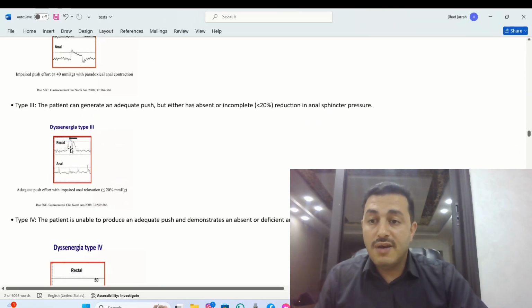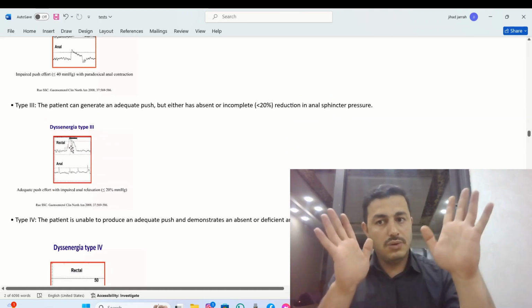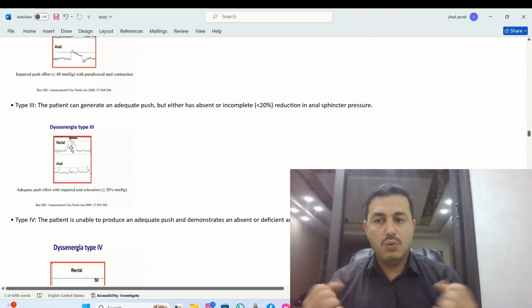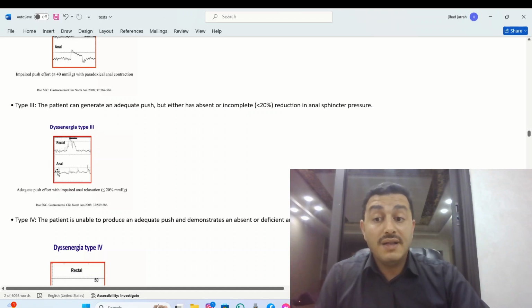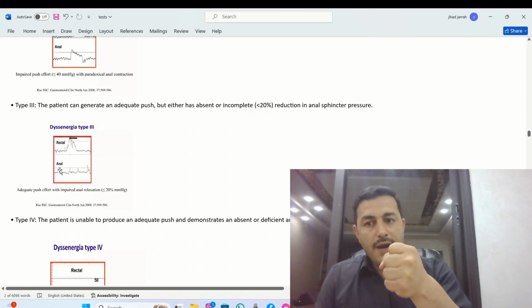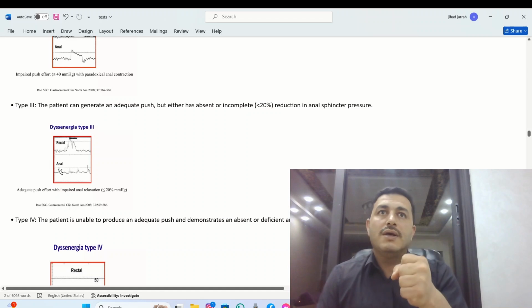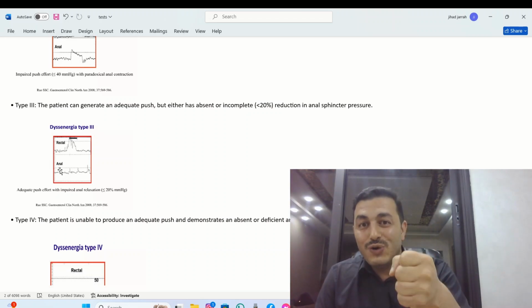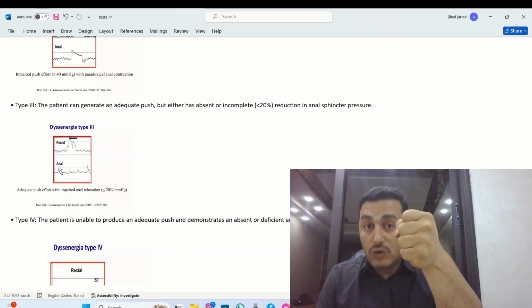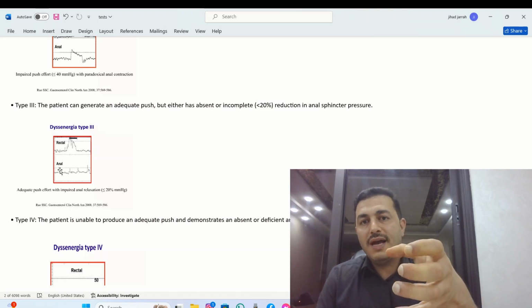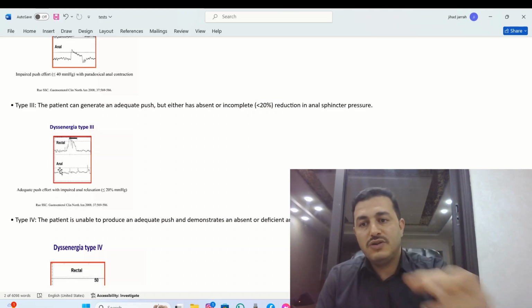What else we have? Type 3, adequate push effort, but the anal canal failed to relax. We say that the anal tone is in a state of tonic contraction, so either it contracts more or it failed to relax. Defecation requires relaxation.